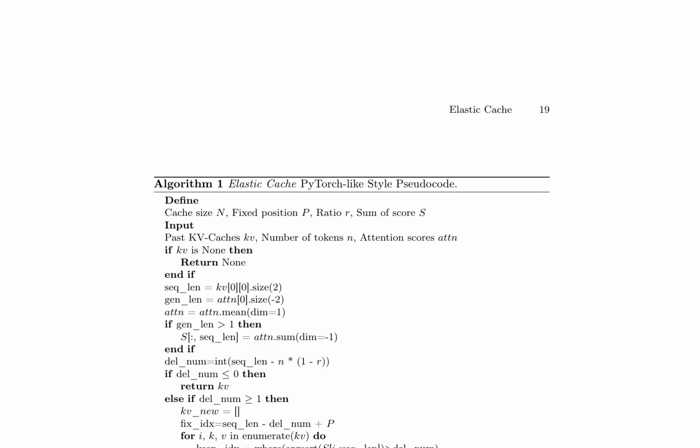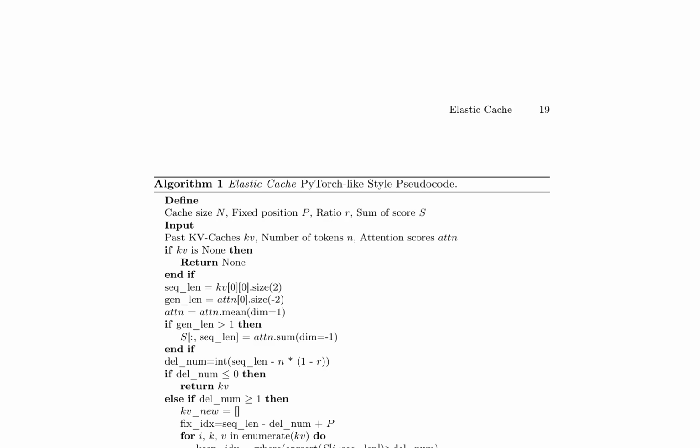The algorithm calculates the sum of attention scores S for the sequence length if the generation length is greater than 1. The number of deletions del_num is determined as the difference between the sequence length and the product of the number of tokens and the ratio R. If del_num is less than or equal to 0, the original KV cache is returned. Otherwise, the algorithm updates the KV cache.